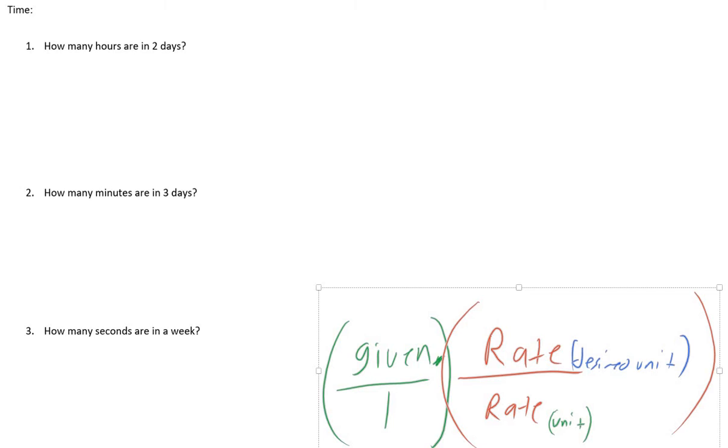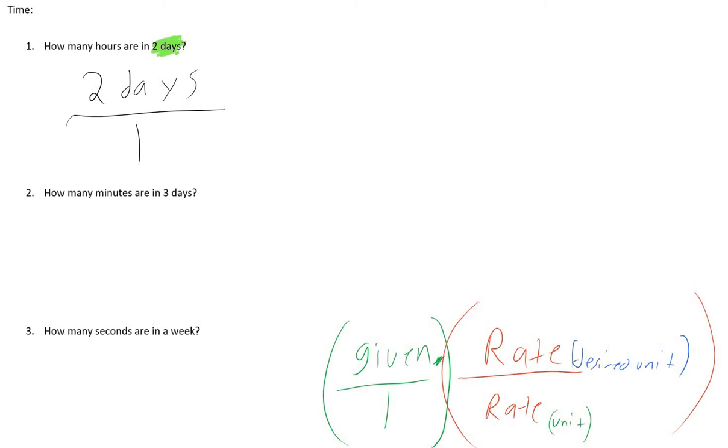So anytime you see a value that's standing alone in its unit, it's not attached to anything else or it doesn't cause anything else to occur, that's going to be your given. In this case, it's going to be 2 days. So 2 days over 1, that's our given.